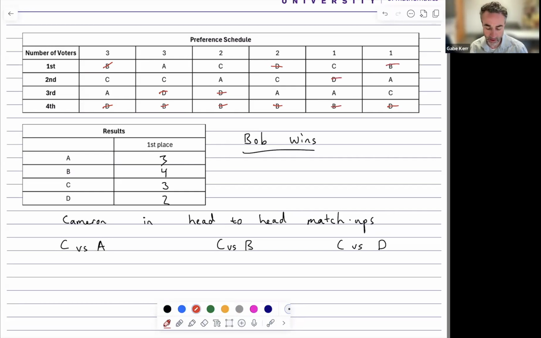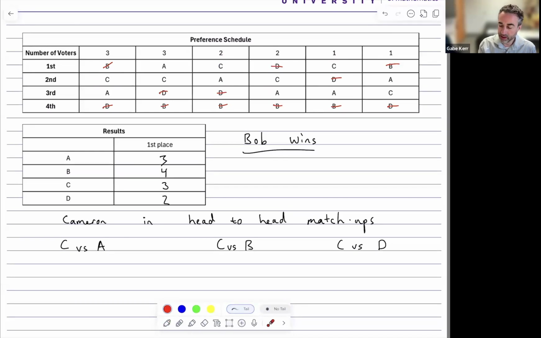Now we can look at just Amanda and Cameron in this schedule, and ask how many votes Cameron gets versus how many Amanda gets. I have Cameron winning here, here, there, and there, and that's it.